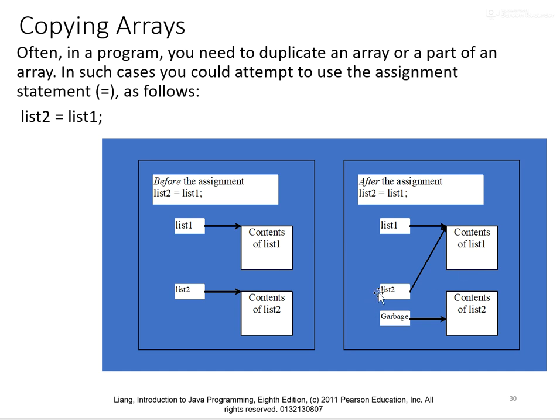So basically you'll have two names or two references to the same array, and the previous contents, the previous array that list2 was pointing to before this statement executed, will be lost. It will become garbage.